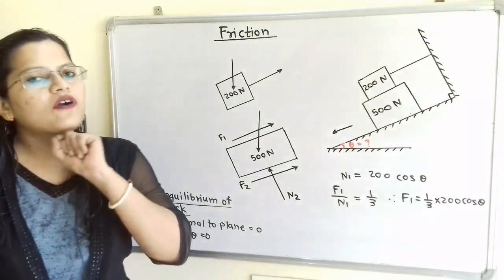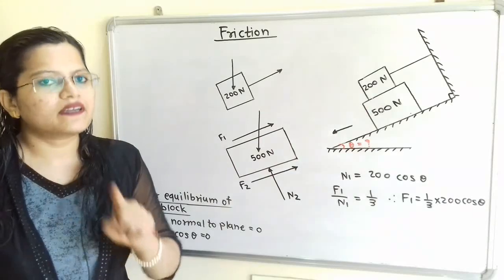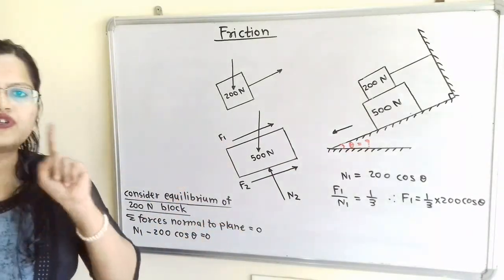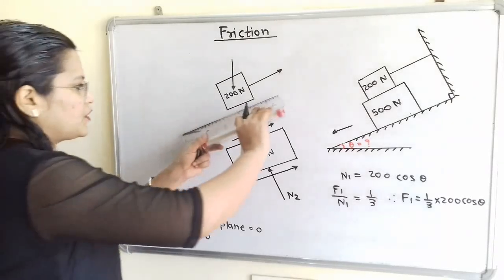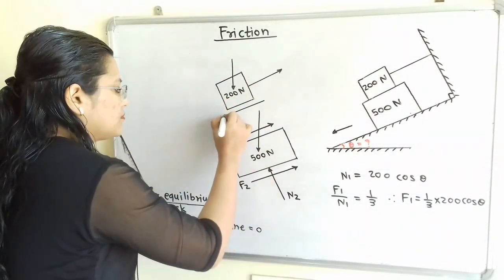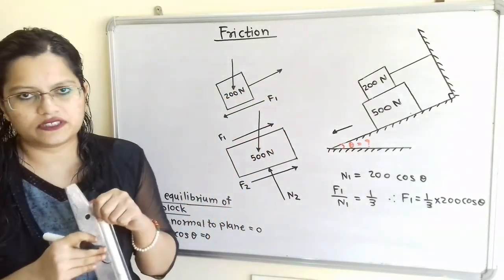So the magnitude of F1 between these two blocks is the same, but the direction is opposite. So I will show here the same magnitude but opposite direction.